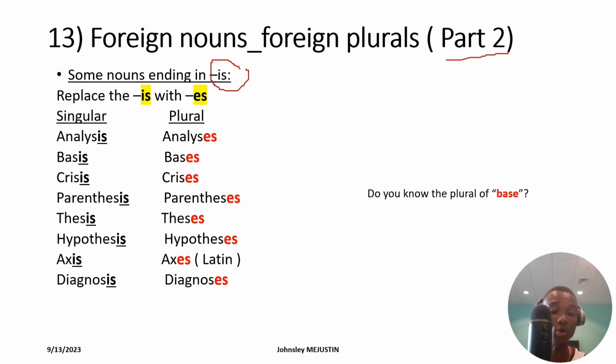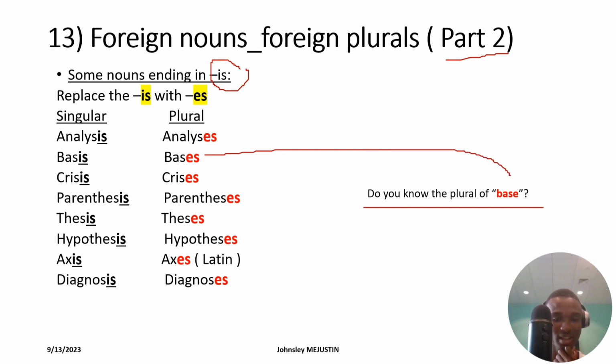Diagnosis, diagnoses. Now, we have a question. Do you know the plural of base? I suppose you would say this one, right? But let's see something. The plural of base would be bases, and the plural of basis is bases. It's the same spelling, the same plural, but with a different pronunciation.